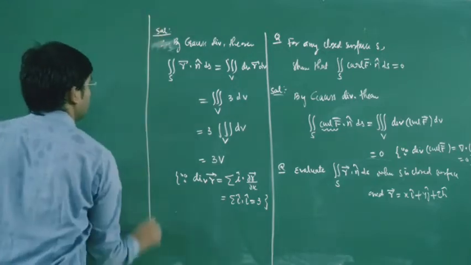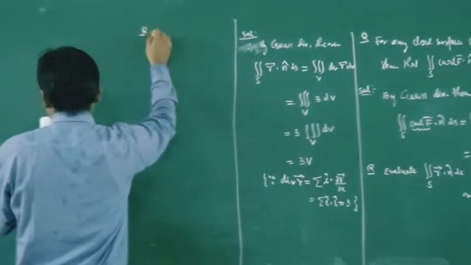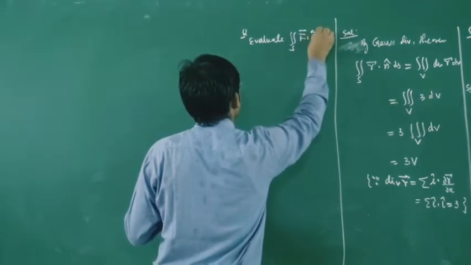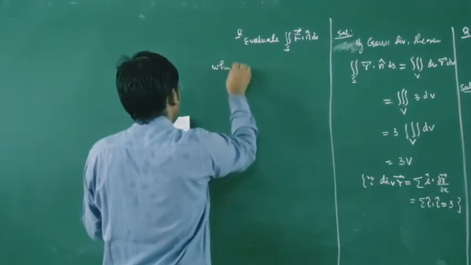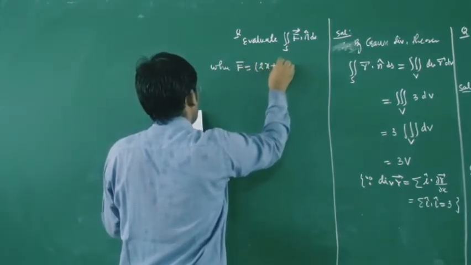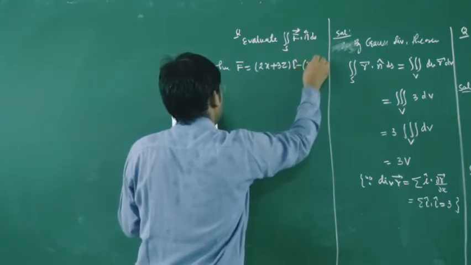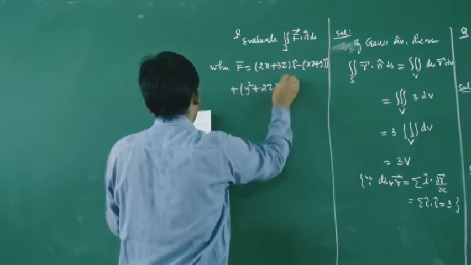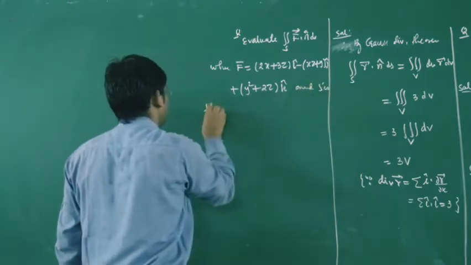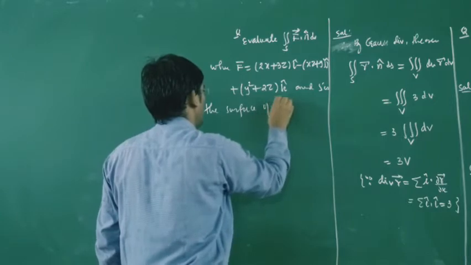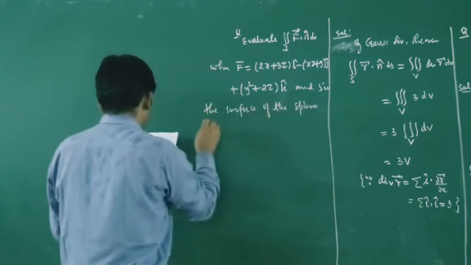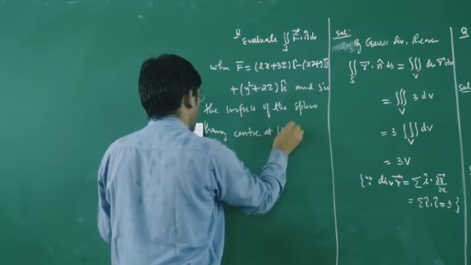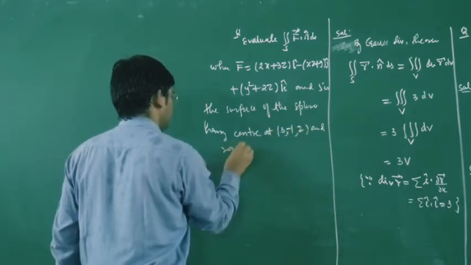Then our next question is, evaluate this surface integral where my f is equal to (2x plus 3z)i minus xj plus yj plus (y square plus 2z)k, and S is the surface of the sphere having center at (3, minus 1, 2) and radius 3.